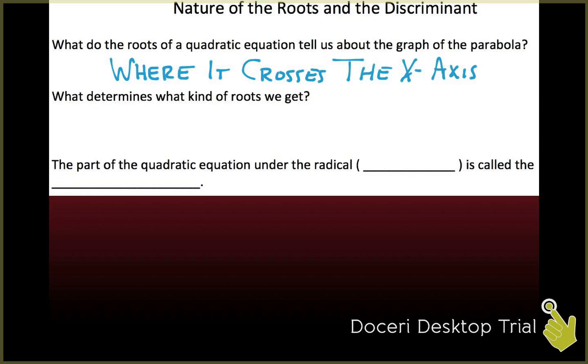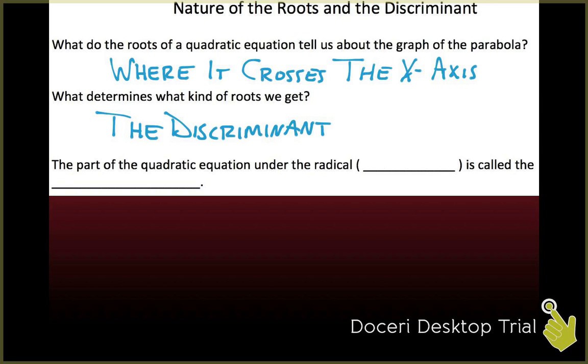And the thing that determines what type of roots we get is the discriminant. So the discriminant is the part of the quadratic equation that's under the radical sign.